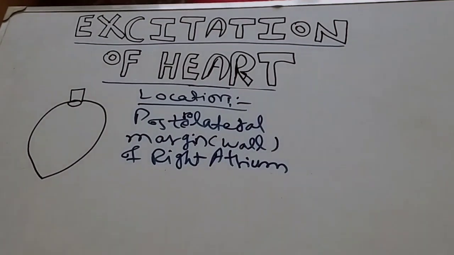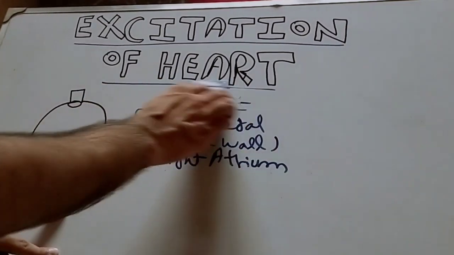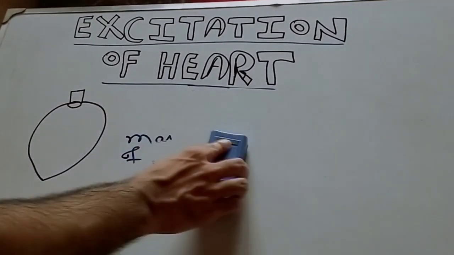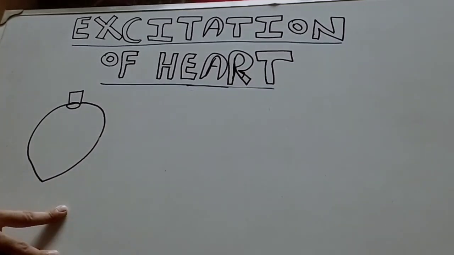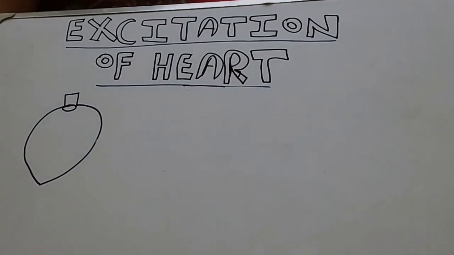Now furthermore, a question arises: why can the SA node conduct the impulses on its own? The answer to this question is the presence of the funny channels, leaky sodium and potassium channels.